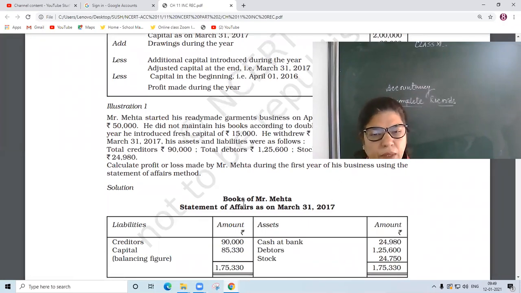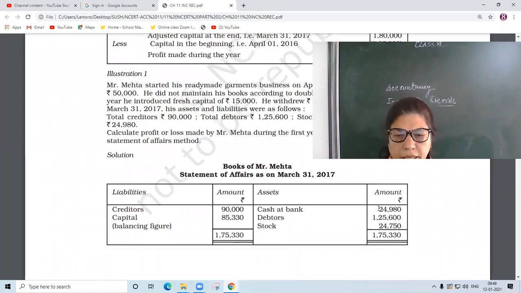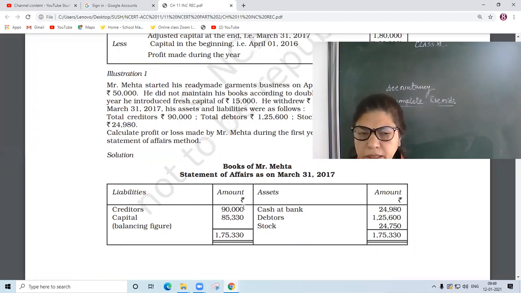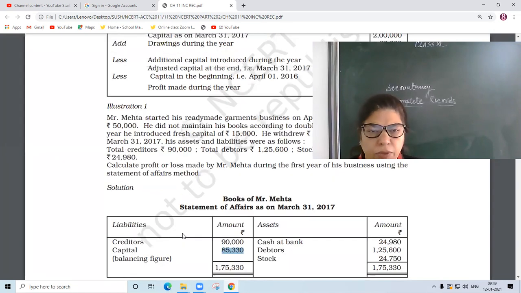Now see, statement of affairs: cash asset, debtors asset, stock asset. Total of the asset side is 1,75,330. Creditors means outside liabilities given, 90,000. It means the balancing figure is known as capital. Clear? Okay.